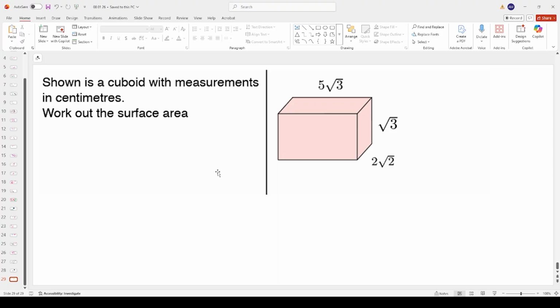Okay, sure. Zion, if you have any questions, just let me know what they are, and I can include them. Okay, so we're showing as a cuboid.